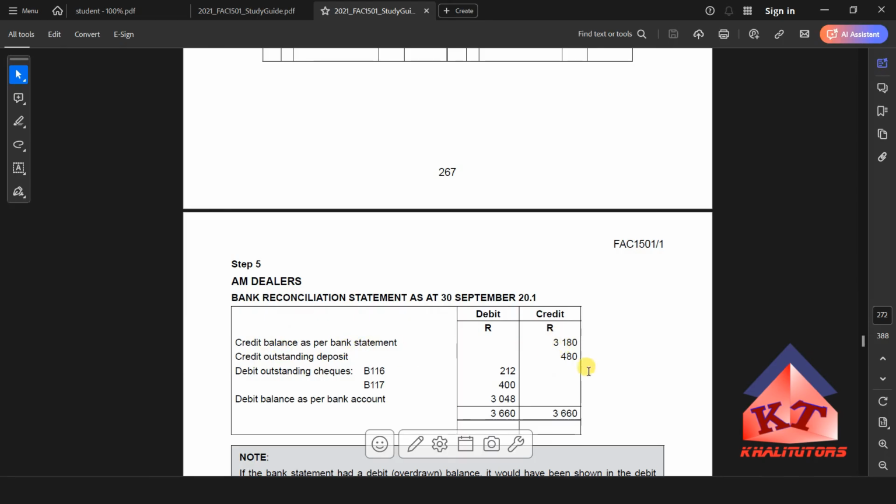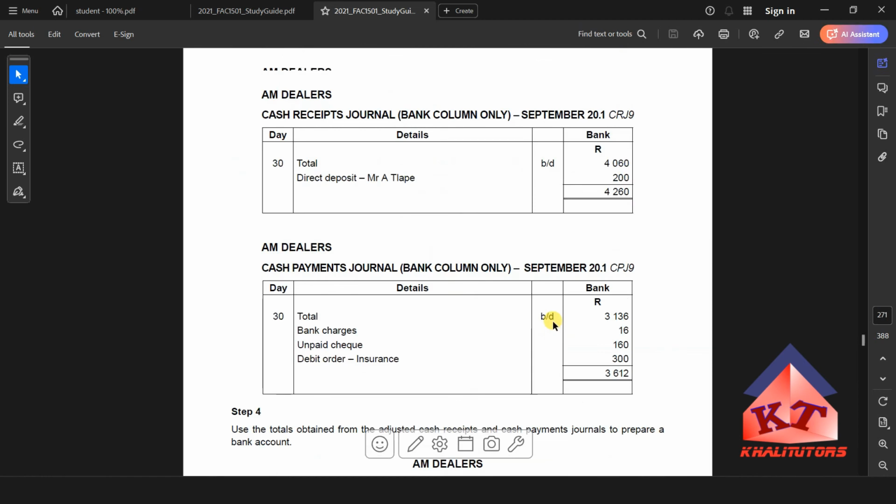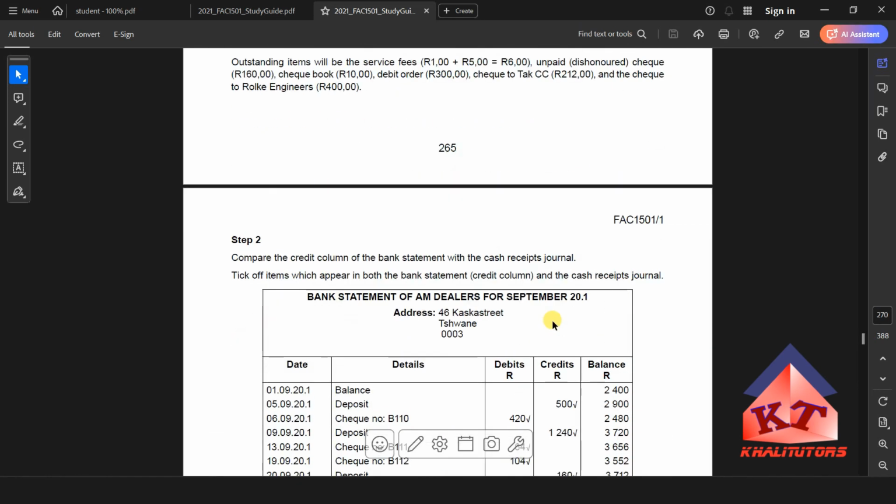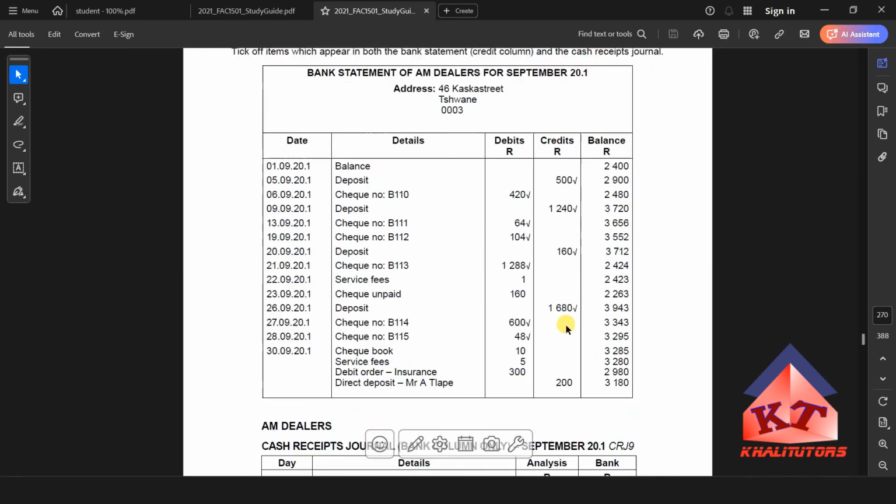In this case, we know that the bank statement had a credit balance, okay? How do we know that? This is your bank statement, and you will notice that it had a positive amount, so it had a credit balance, okay? This simply means that the company had money in the bank, okay?